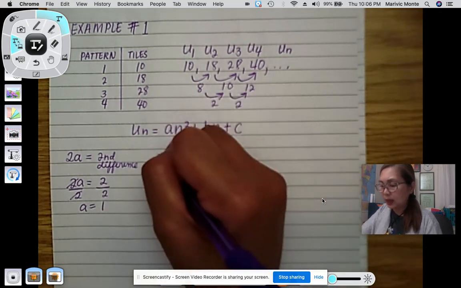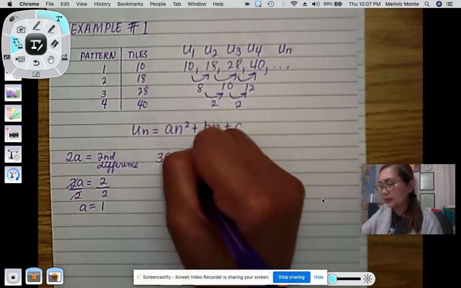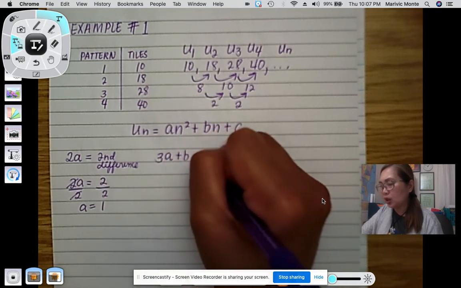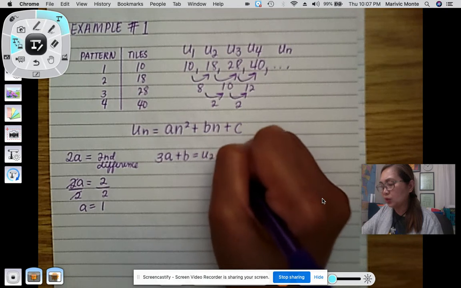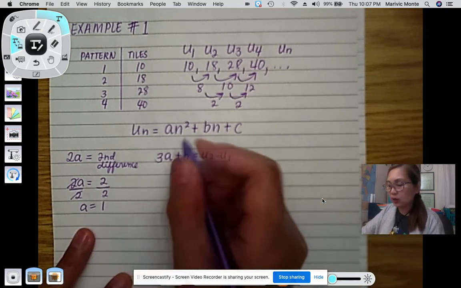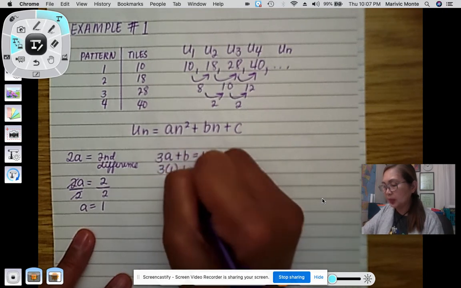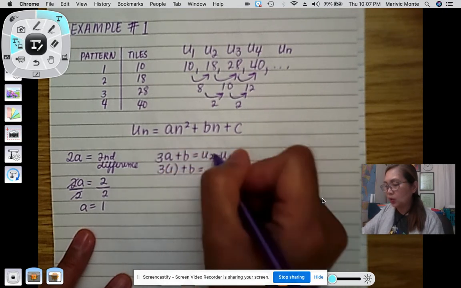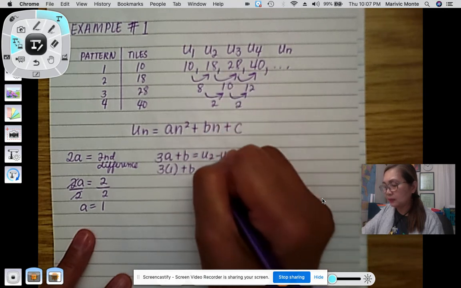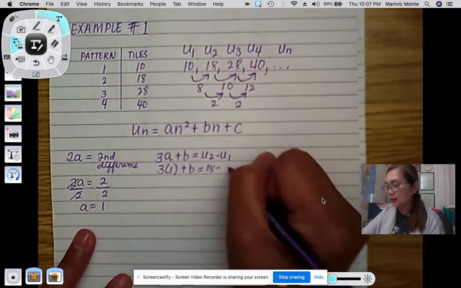And then we have the other formula, 3a plus b equals u of 2 minus u of 1. Substituting the value of a into this equation, we have 3 times 1 plus b. U of 2 is 18 minus u of 1 is 10.